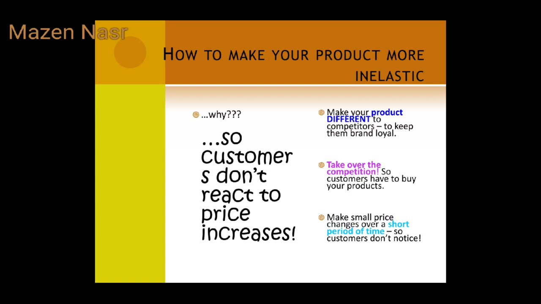So now, even if the price of Apple increases, our demand for this product will not decrease. That's why we say a successful business is the business that is able to make its product different, that takes over the competition, and of course, that convinces the customers to buy the product even if the price increases. So some businesses are really clever to convert the want to a need.